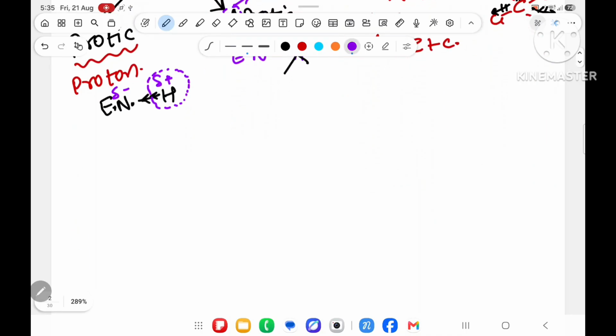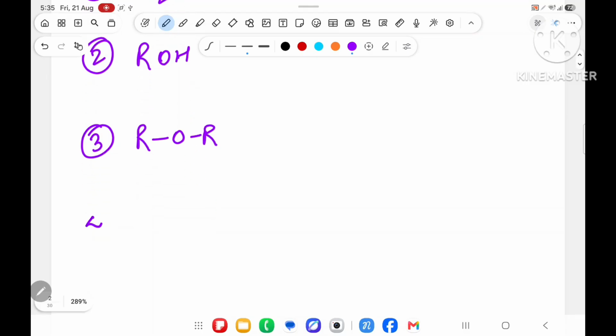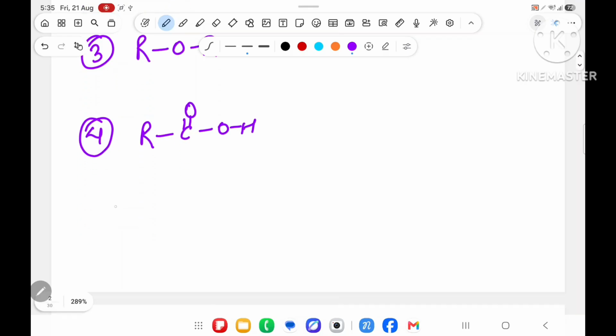Now, sir, we understood this, but we didn't know how to check. Suppose I say H2O is there. Which type of solvent is it? Second one, I have written ROH. Third one, ROR. Fourth one, C double bond O, OH. Fifth one, CH3, C double bond O, CH3.